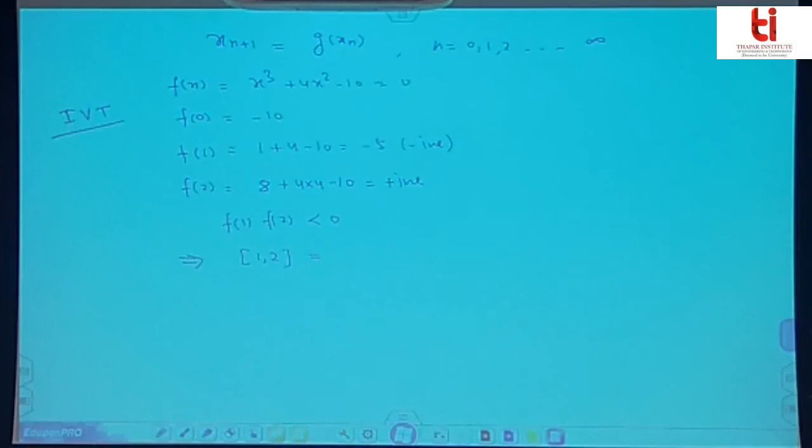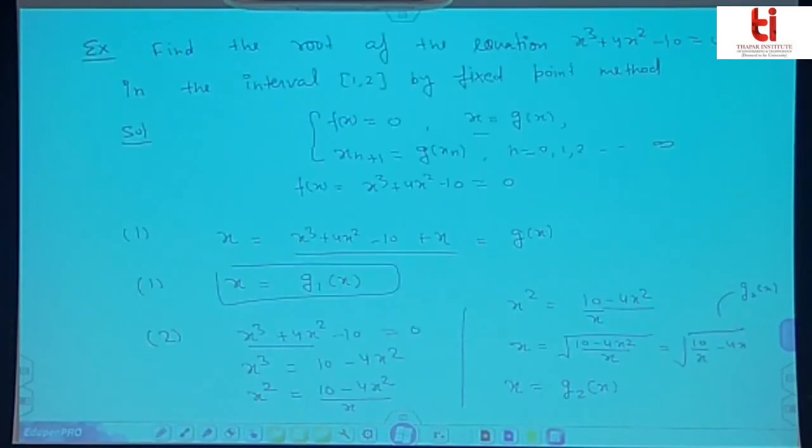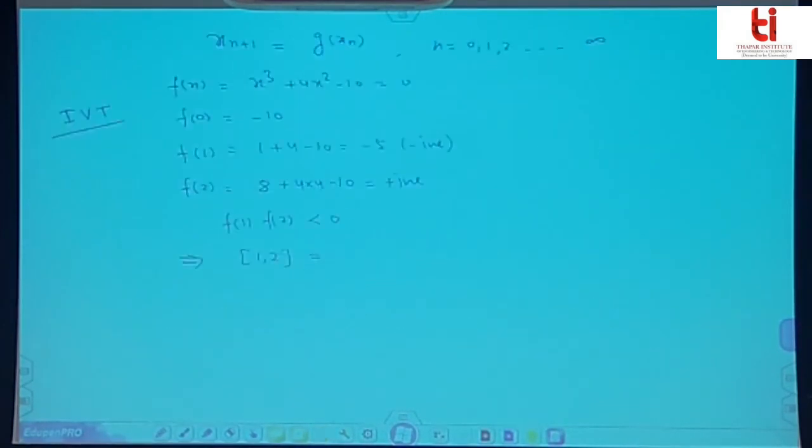So this is your interval in which the root is lying. So we have to find the fixed point inside this interval 1 to 2. As given in the question also, in this particular question, the interval is given to you. Suppose the interval is not given, then we can compute the interval by the intermediate value theorem. Obviously it is lying, because f(1) times f(2) is less than 0.